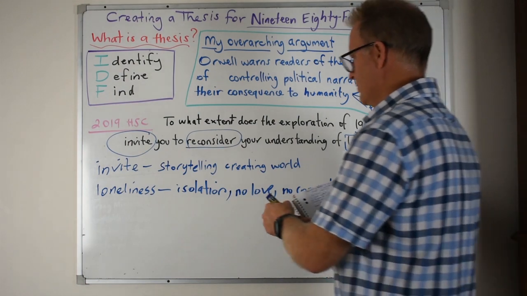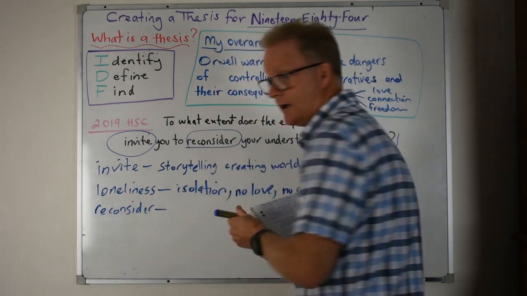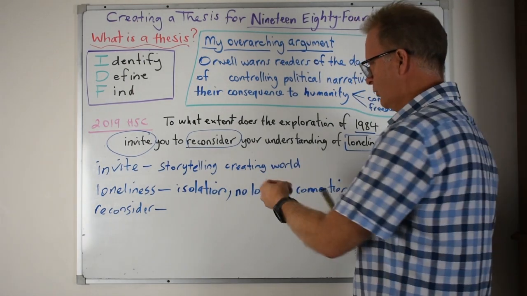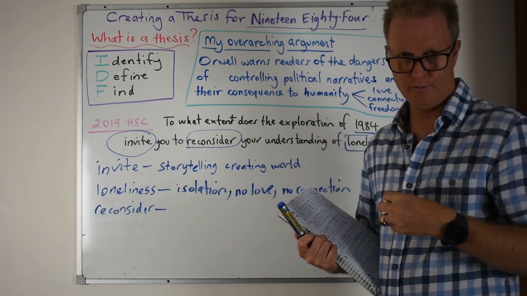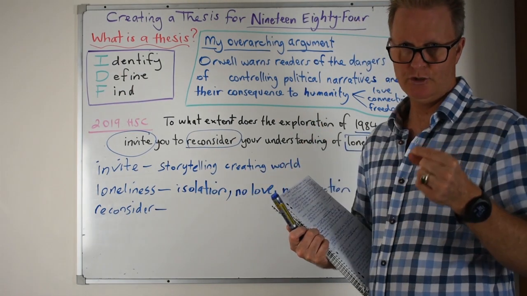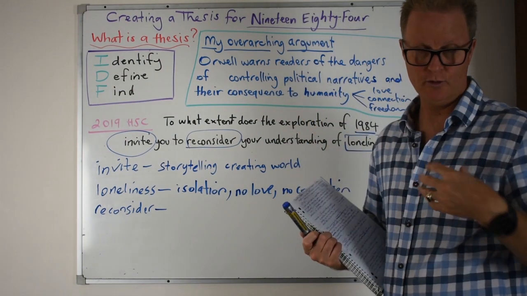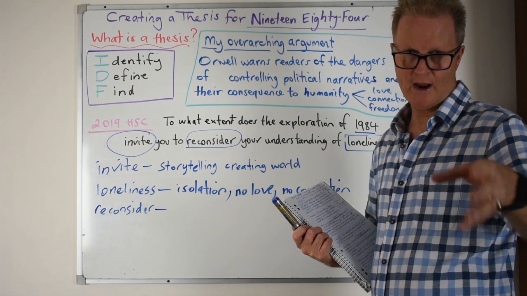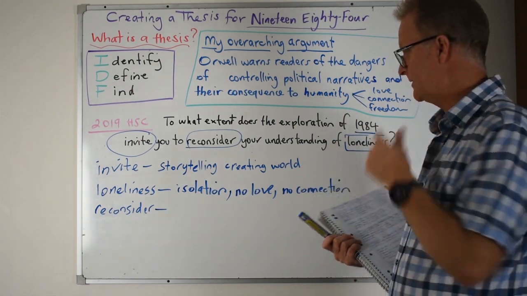And then we're saying reconsider, and I think reconsider is a word that will come up quite a bit in the essay questions that you're given, because once you've explored and come to an understanding of Winston's loneliness and his desire to rebel because all he wants is love, and the outcome of the novel, what it does is it makes you reconsider the importance of being aware of controlling political narratives in your own world, because there is a tendency of the political narrative to be at odds with the desires of humanity, this idea of love and happiness and connection and belonging, etc., etc.